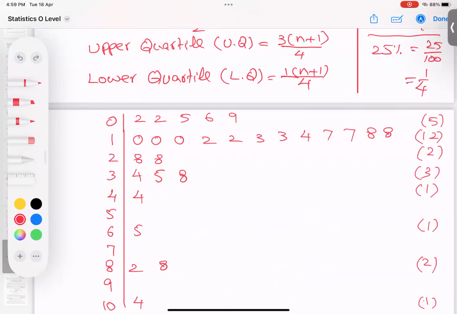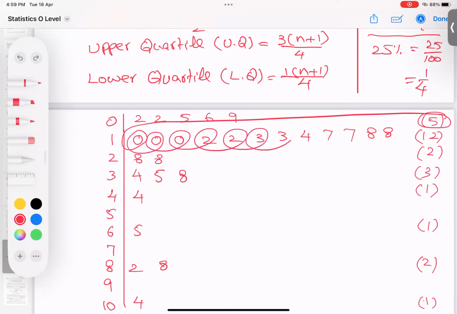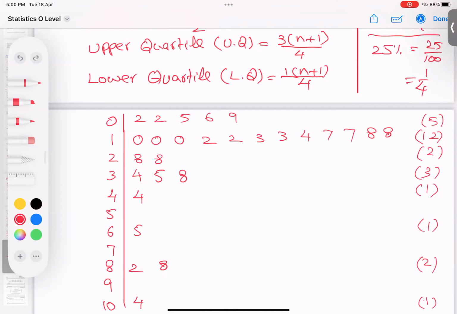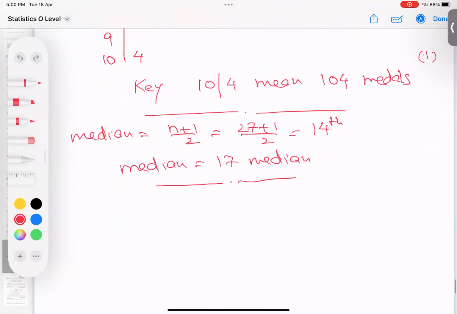Because we can see directly 5 values here, so no need to count 1, 2, 3, 4, 5. Simply check this number and count from here: 6, 7, 8, 9, 10, 11, 12, 13, 14. I hope you understood well. Next time I will not count from the whole, because what is the benefit of these frequencies then? We can count from there. Let's talk about the upper quartile now.